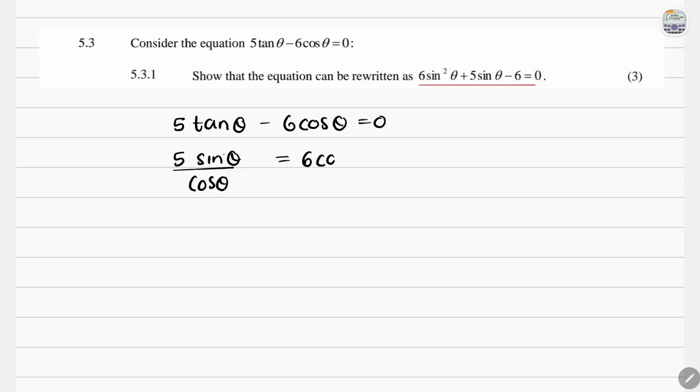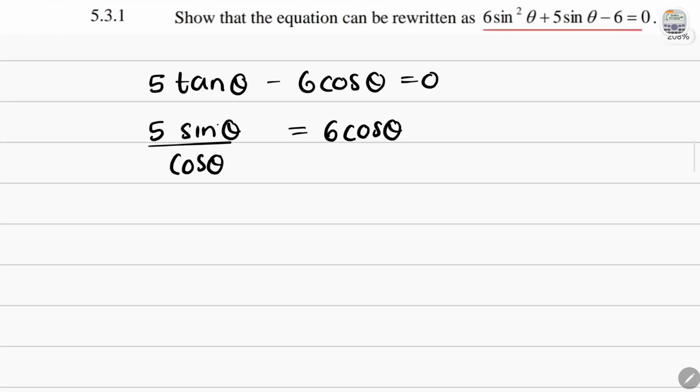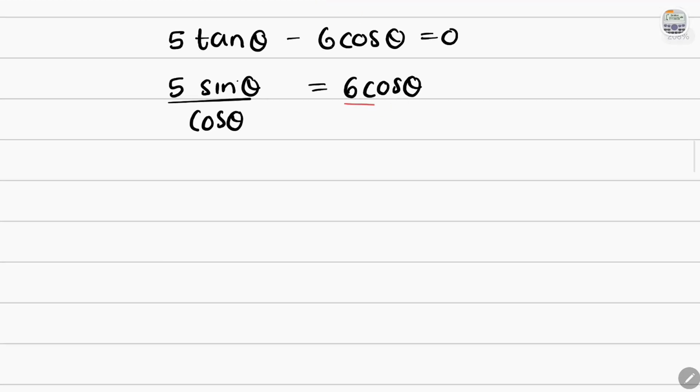So we have 6 cos theta and now cross multiply. See, this will be over 1. And so if you cross multiply, we're saying cos theta times 6 cos theta, which is 6 cos squared theta, is equal to, and then that stays the same, 5 sine theta.